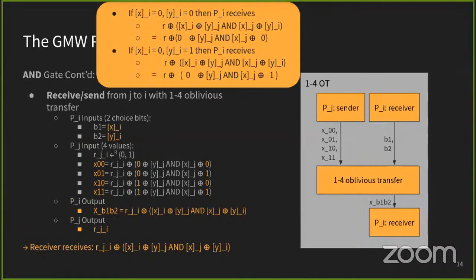Mm-hmm. So I'm confused. Why do you need 1 out of 4 Oblivious transfer instead of doing it with 1 out of 2 Oblivious transfer?